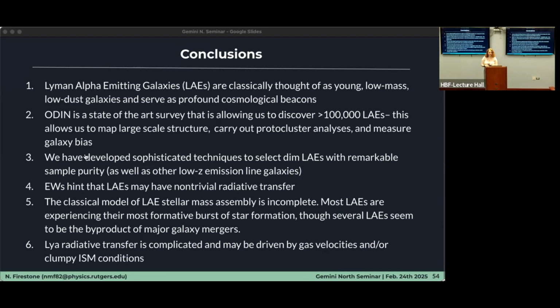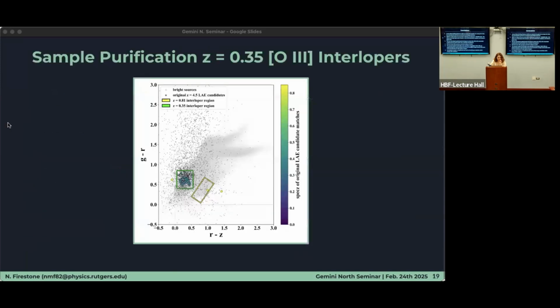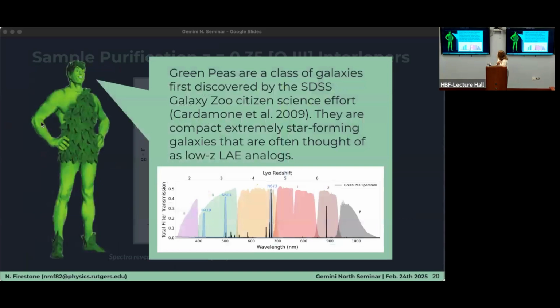but they were also strategic with some anticipation of the low redshift interlopers that we might expect. So I'm going to go back to a previous slide for just a moment. Okay, so here you can see one of our green pea spectra.